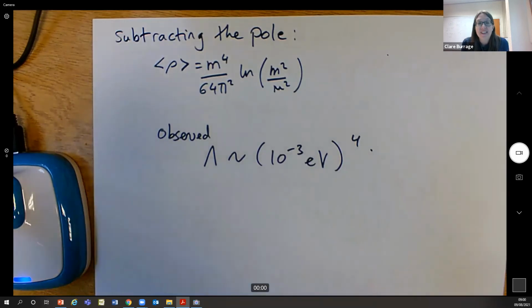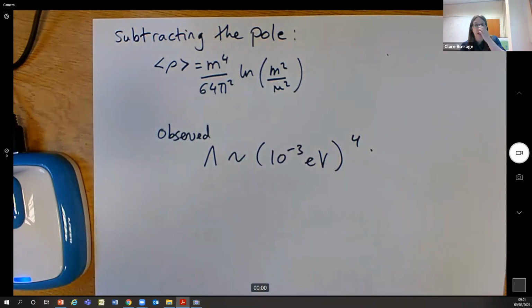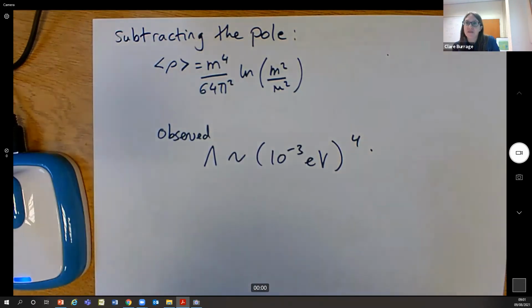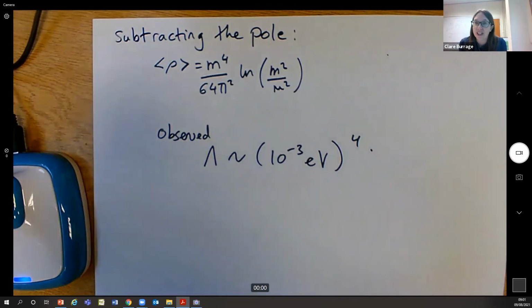So that's fundamentally the cosmological constant problem, or we've seen two aspects of it. How do you cope with the fact that the vacuum energy density evolves during the evolution of the universe? And how do you cope with the fact that the observed value is so much less than the one you would predict for the vacuum energy density, given a universe with the matter that we know is present?